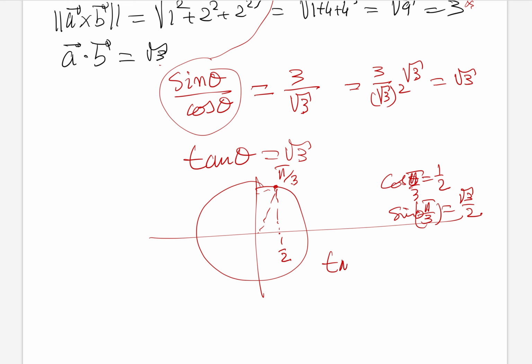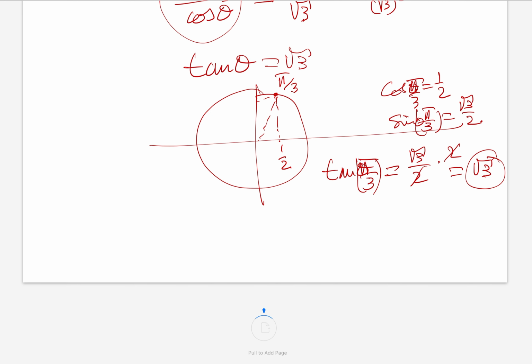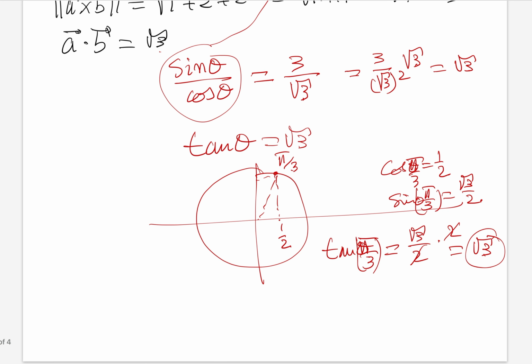Now tan of pi over 3 is sine divided by cosine, which is square root of 3 divided by 2, flipped, times 2. Yes, this one is good. So you can conclude theta is just pi over 3.